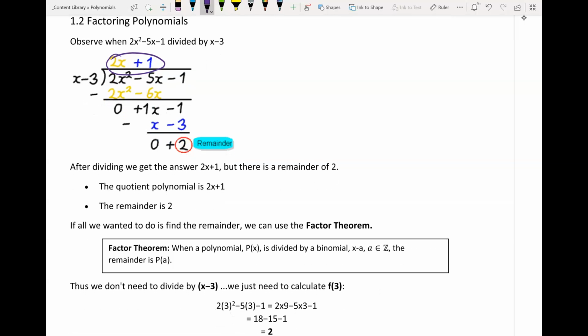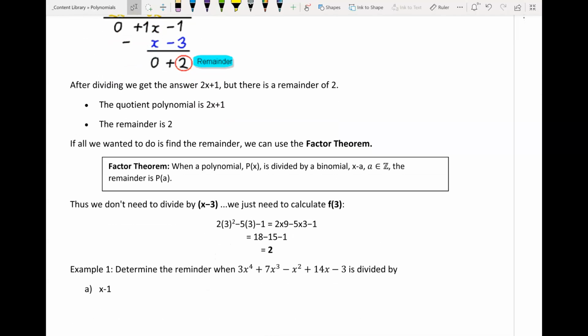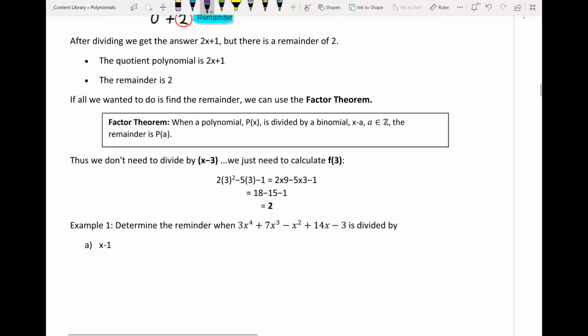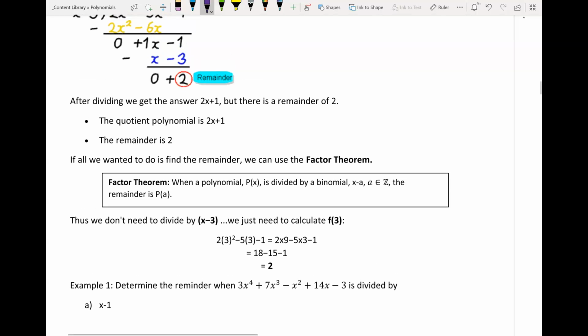If all we want to do is just find the remainder and we don't care about the quotient, we can use the factor theorem. So the factor theorem states when a polynomial p of x is divided by a binomial, the remainder is p of a. Now here's a numerical example, where we don't need to divide by x minus 3. We just want to calculate f of 3.